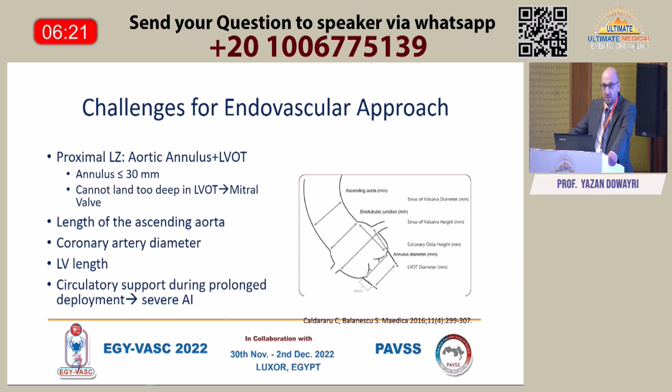You do have limitations in the amount of length that you can use at the aortic sinus and the LVOT, the left ventricular outflow tract, as extending the length of the proximal sealing zone there can affect the mitral valve as well. Of course, the length of the ascending aorta impacts your ability to use stent grafts of varying lengths, and that length is usually short, somewhere around 8 centimeters.